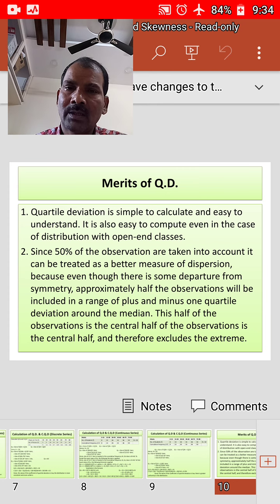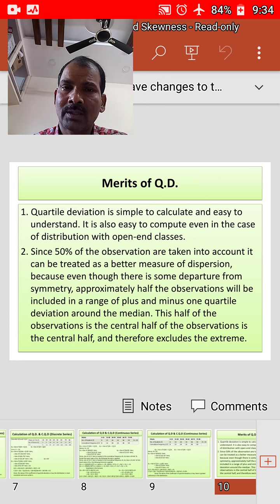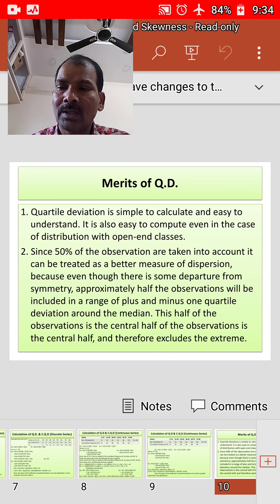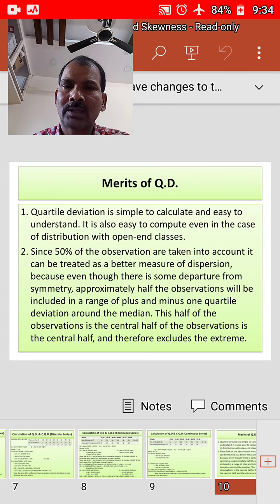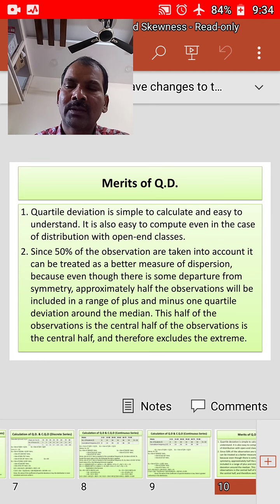Whereas in case of range we consider only the two extreme values, here we are considering half of the observations. Hence it is a good measure when compared with range. This half of the observations is the central half, and therefore excludes the extreme values.